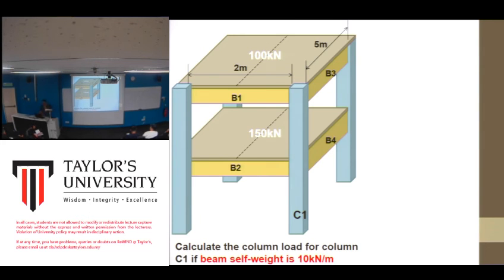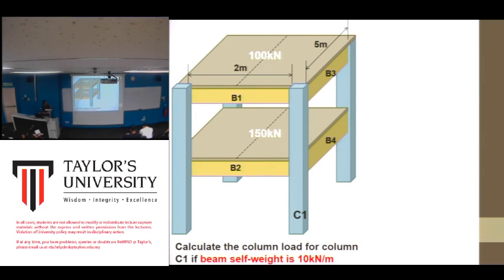All right. So before you consider the calculation, first you need to look at the load on the slab. Basically, this 100 kilonewton is the total load of the slab itself, because you see the unit is in kilonewton.